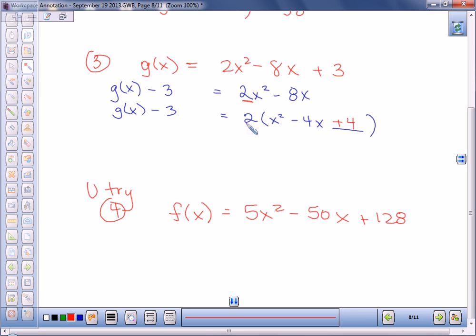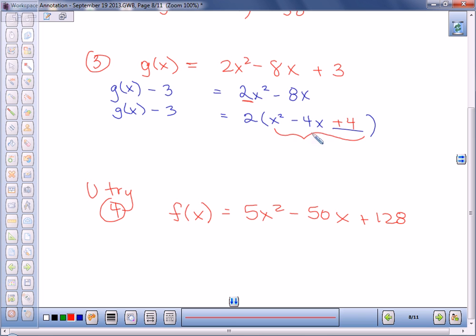I factored the 2 out of both of those. Well, now I'm completing the square. So what do I have to add here to turn this into a perfect square trinomial? You take half. Okay. So right here it's 4 to turn this into a perfect square trinomial.